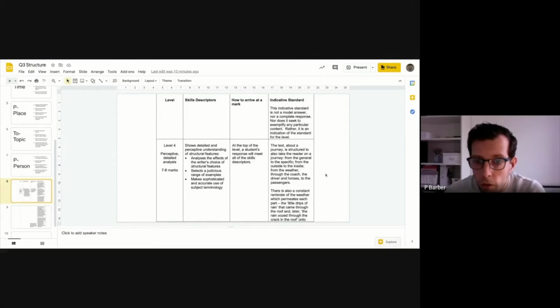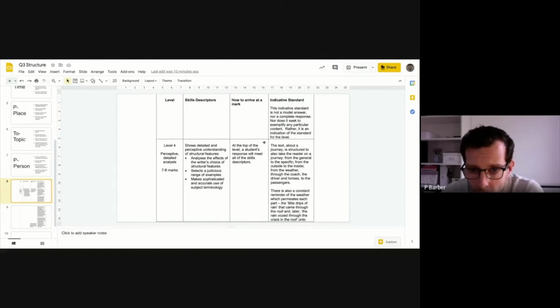It is used to support the points that you're making on structure, but you don't need to get into depth of it. But there is lots of evidence that comes from across the text. It's not just from one paragraph, it's from a range of different areas. And you'll see this when we model it together, but this is a good example of what the exam board are looking for. So this is a response looking at the idea of changing place and about taking the reader on a journey.